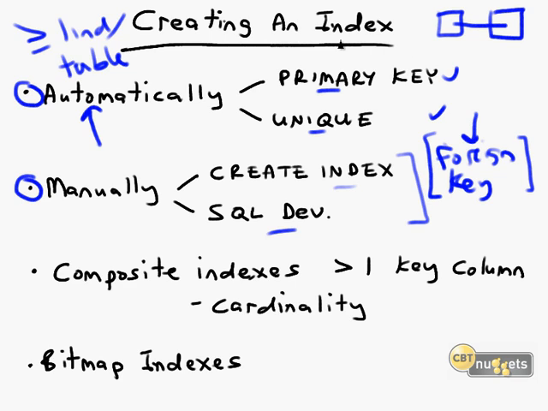In a sense, I like to look at deploying indexes as giving Oracle some additional blueprints to work with, such that when queries are issued against those objects, if there is an index available, or even more than one index available, Oracle, in its infinite wisdom, can formulate the best query execution plan by selecting the best index for the job. Now, that having been said, you don't want to over-index.